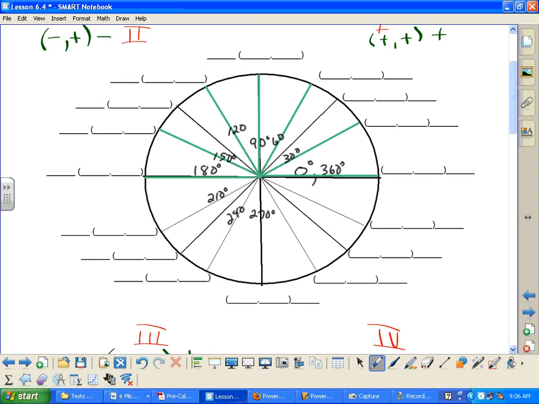Then 240, 270, 300, and 330. Okay. So we've just divided the top half of the unit circle into 6 parts, which each of those 6 parts is 30 degrees. So that helps us to fill those numbers in correctly. Okay. Hopefully.